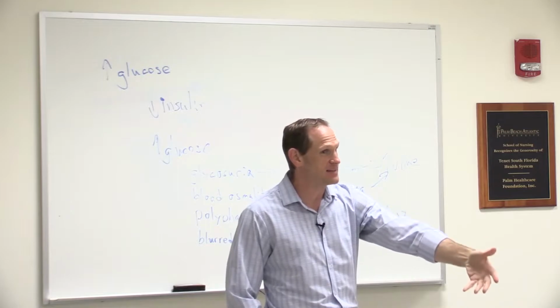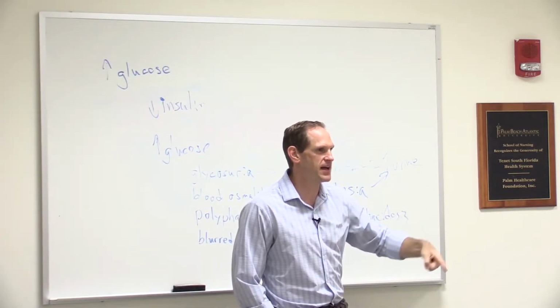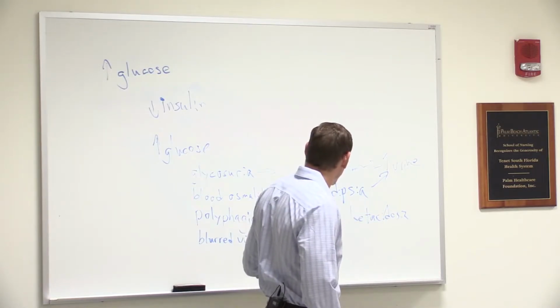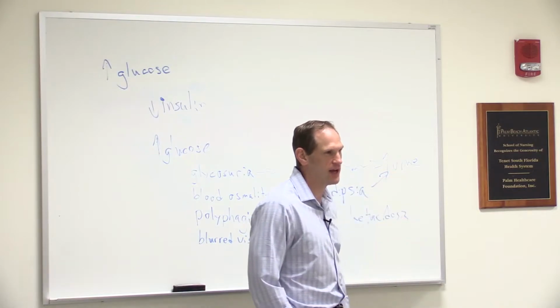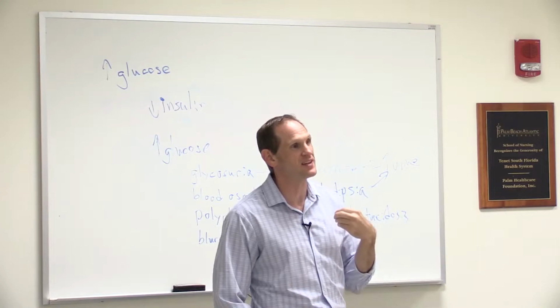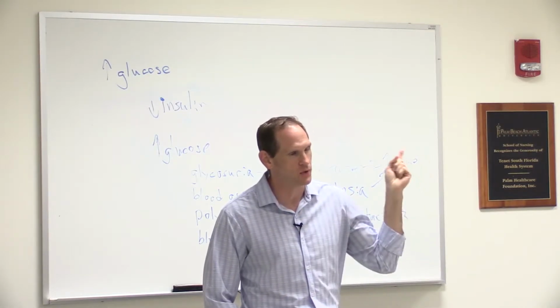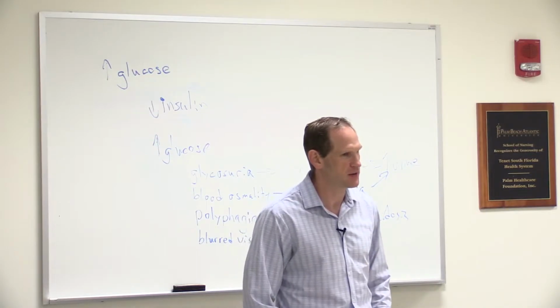But there's something else happening here that short circuits that and makes potassium low. What is that? It's actually on the board. It's the polyuria. So the patient is actually peeing out all of their potassium. So even though you would expect it to be high, it will actually be low because of the osmotic diuresis.